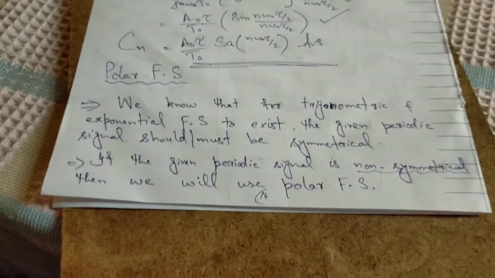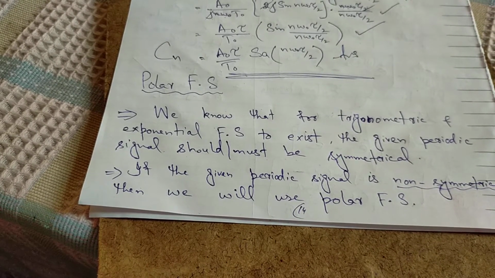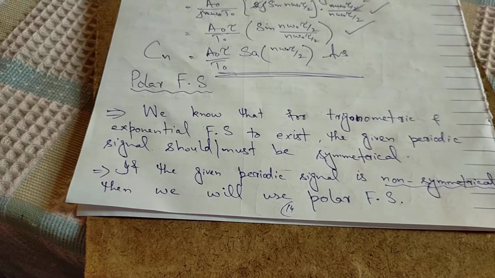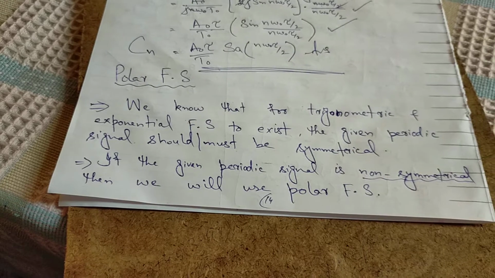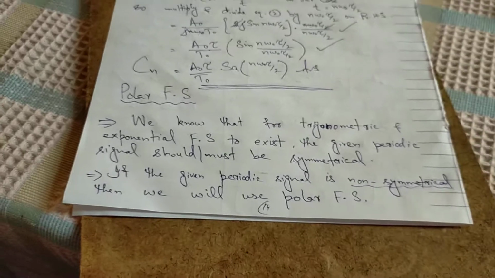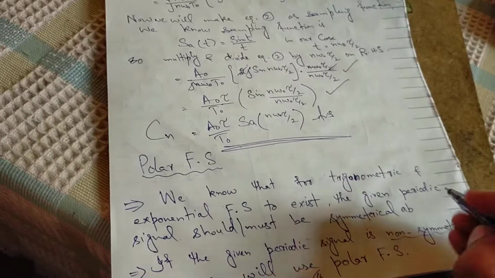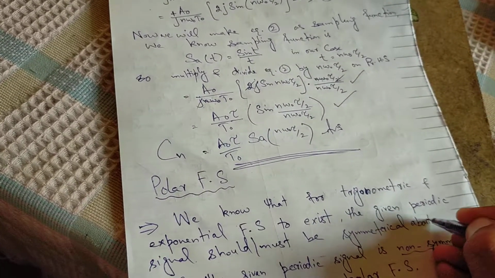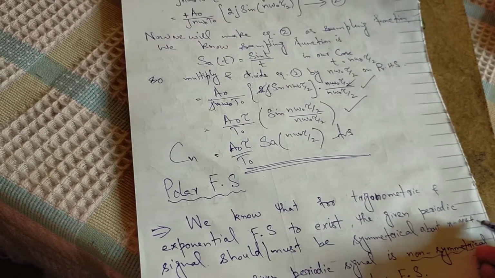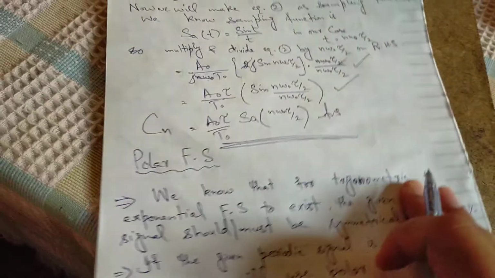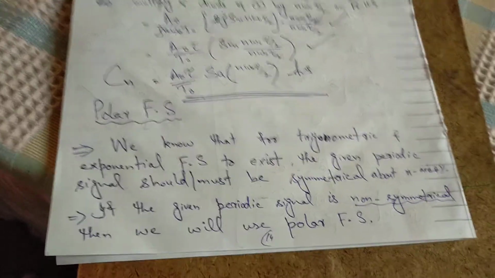Now we will move to another important Fourier series, which is called the polar Fourier series. We know that for the trigonometric and exponential Fourier series to exist, the given periodic signal must be symmetrical about the x-axis and y-axis.